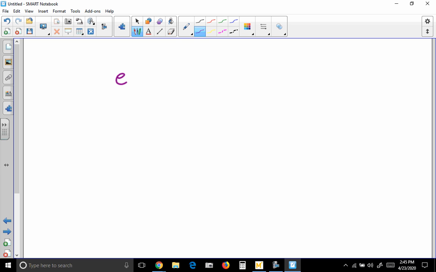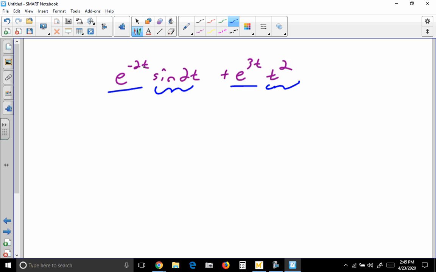So let's look at doing e to the negative 2t sine 2t plus e to the 3t t squared. Remember what happens when we multiply by e to a power. We do our transformation of our other function, and then this causes a translation, a slide over.